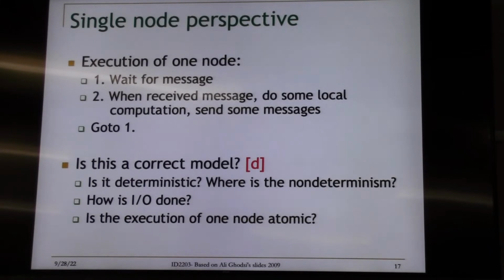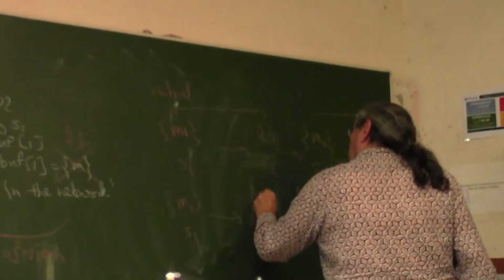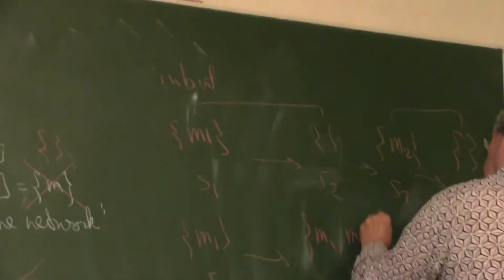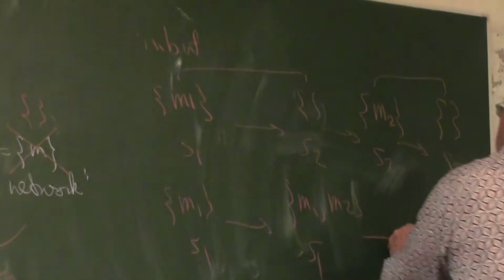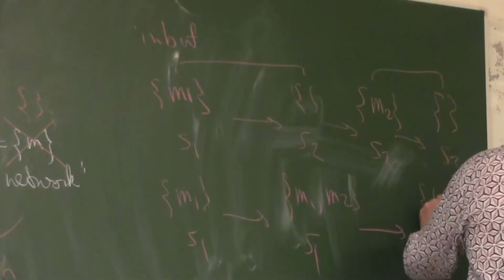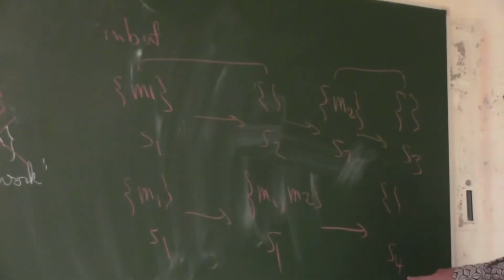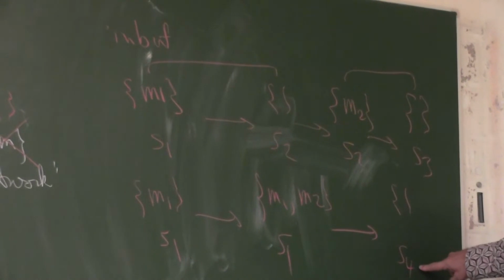So here we have a computation, and here we have another one. But we could have this: M1, S1, we have M1 and M2, S1, and then we do a computation. And then we will have another state, S4, and S3 and S4 were not the same.